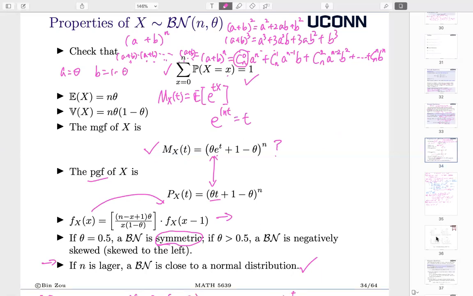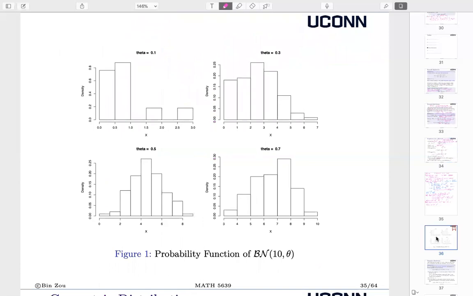So that's very helpful. I give you this graph to show the case when you have different thetas. For example, theta is 0.1, 0.3, 0.5, 0.7. Obviously, this is symmetrical, right? You can easily see this is a symmetrical graph.